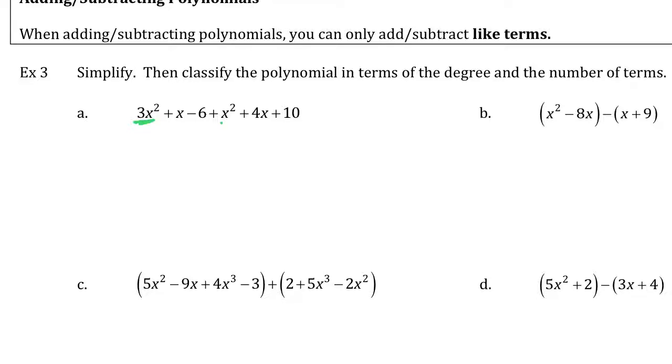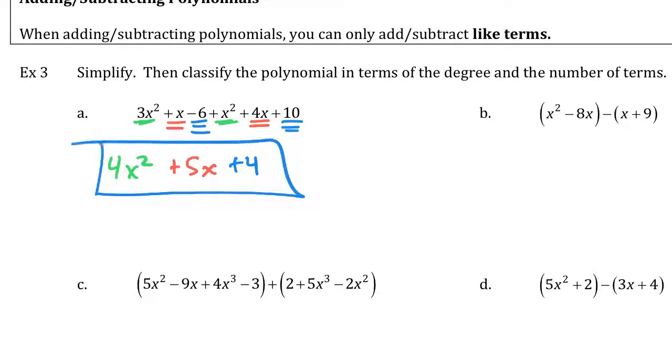So 3x squared plus x squared makes 4x squared. And then my linear terms, x plus 4x makes plus 5x. And then my constant terms, negative 6 plus 10 makes positive 4. So there's my answer, 4x squared plus 5x plus 4.